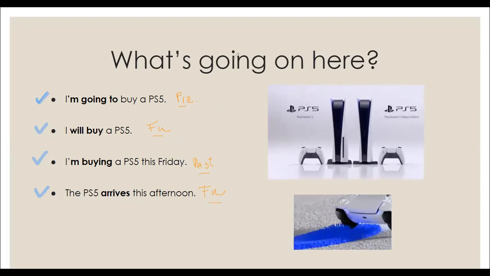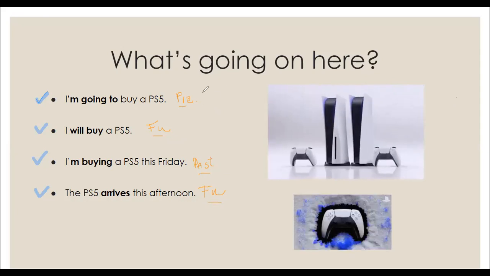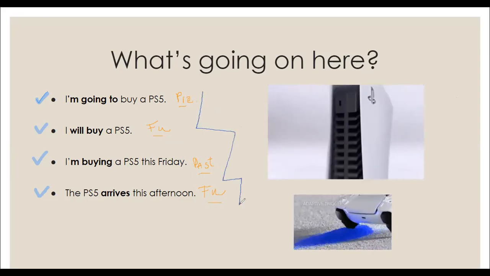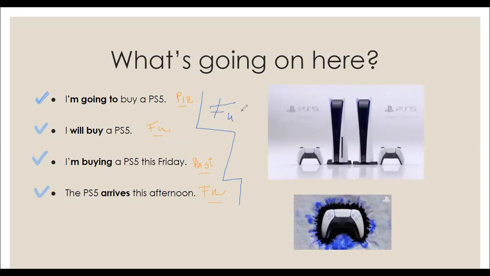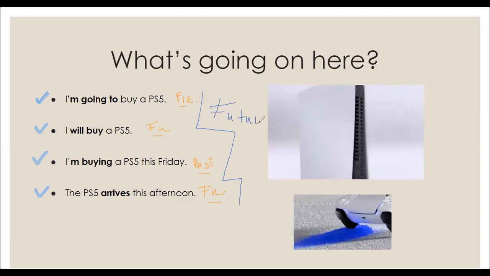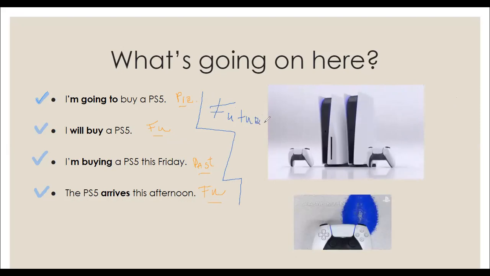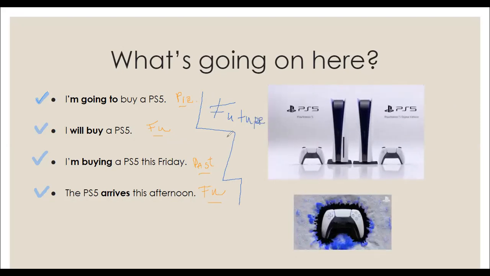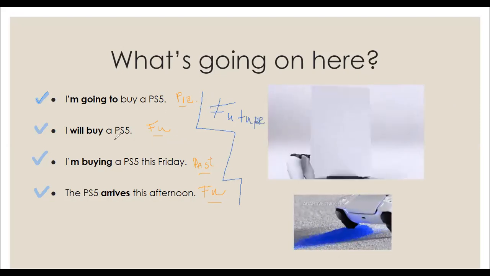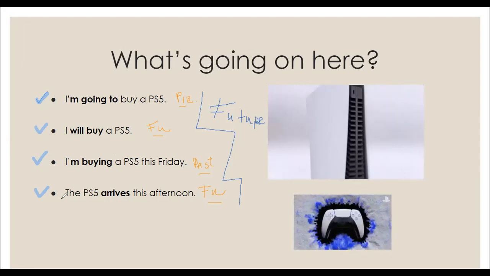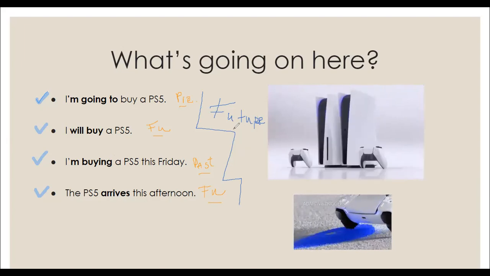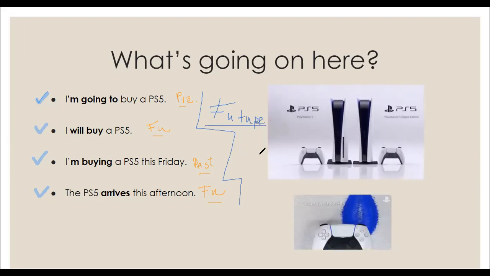But let me tell you that all of them, the 4 sentences, are in the future. I'm going to buy a PlayStation 5. I'll buy a PlayStation 5. I'm buying a PlayStation 5 this Friday. The PS5 arrives this afternoon. All of them are in the future.